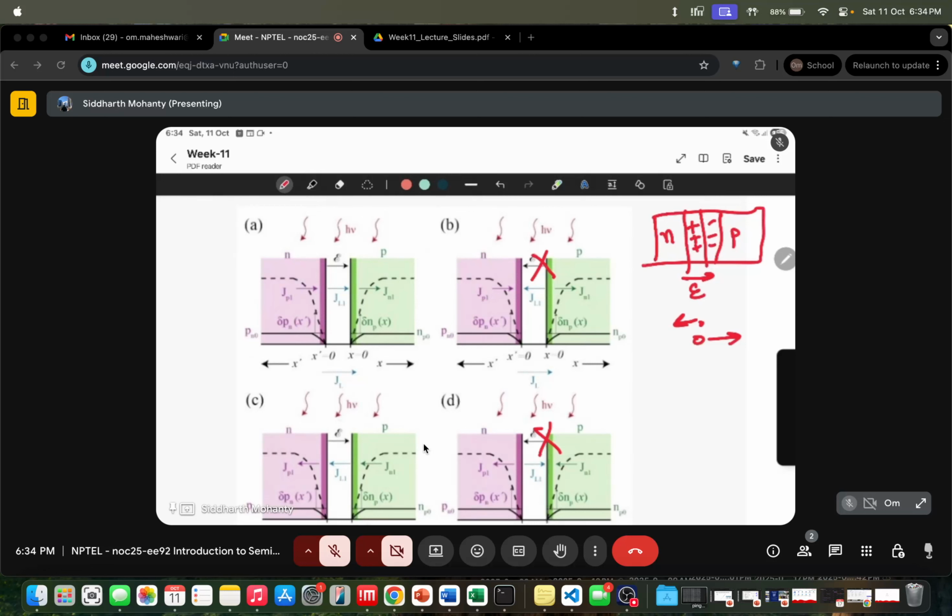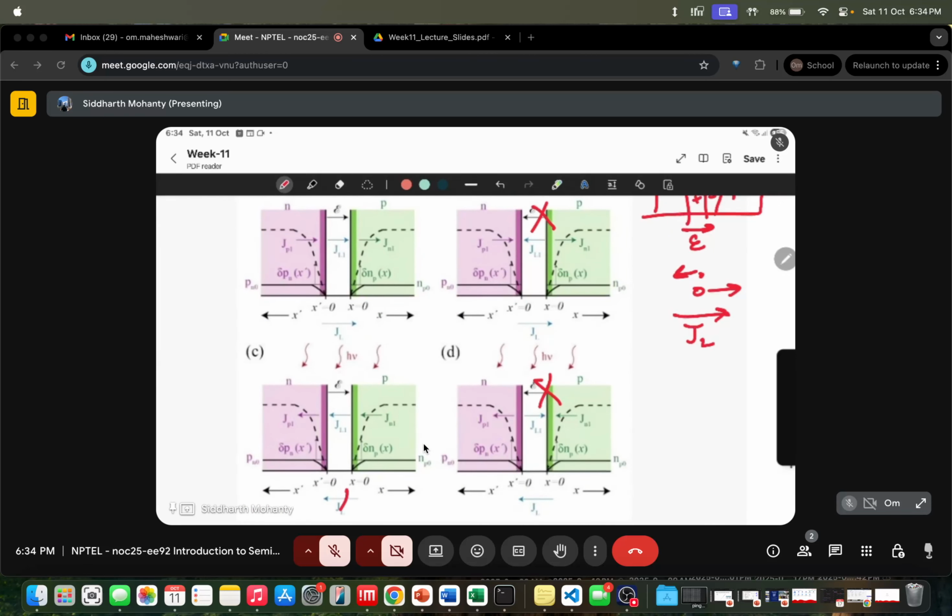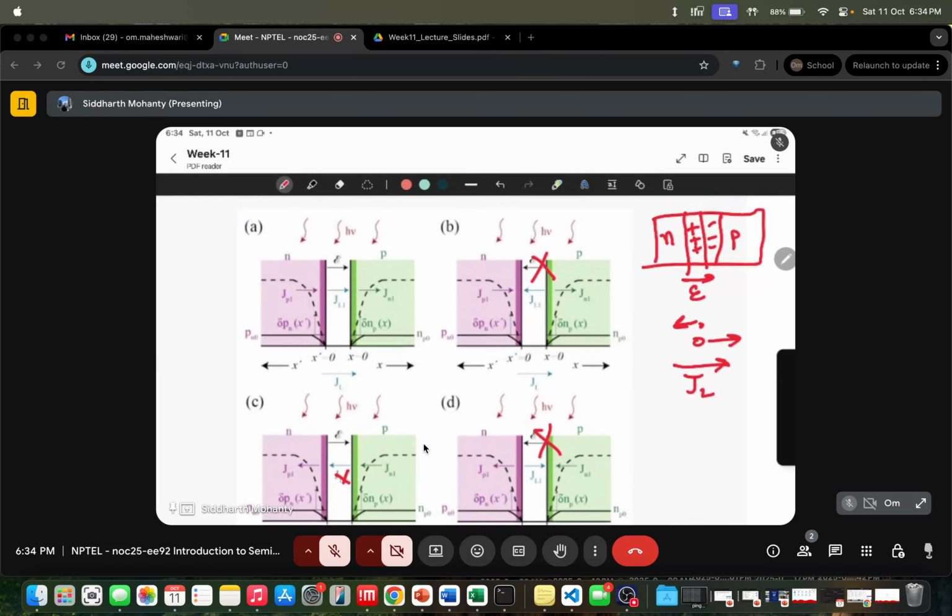So current will be in the direction of holes, or opposite to the direction of electrons. So this will be JL. In this one, it is opposite. So in this, all three are correct. So option A is correct. Very easy question.